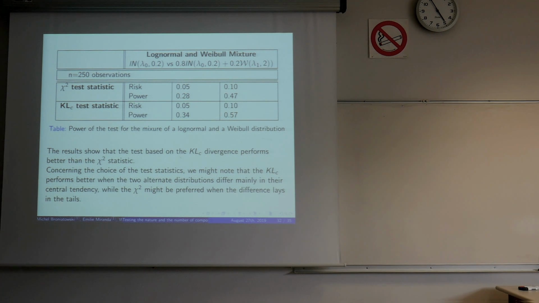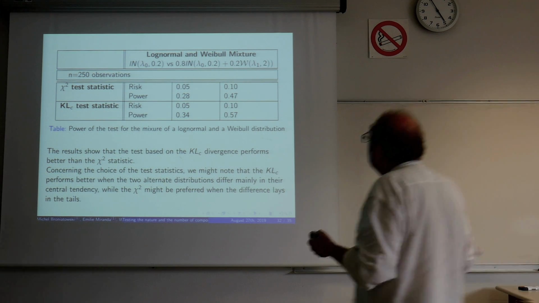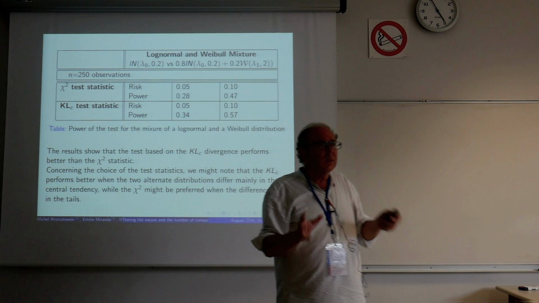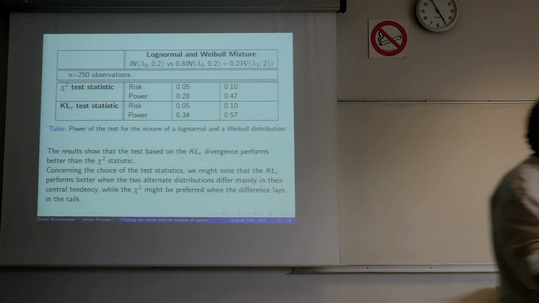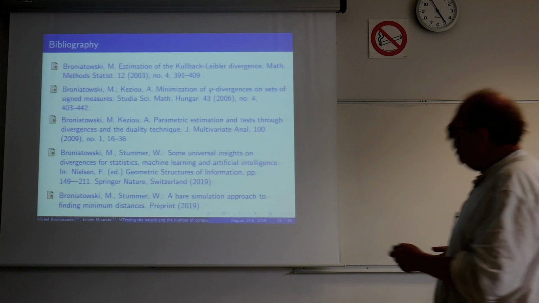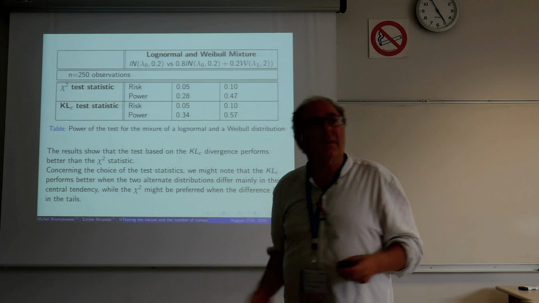Globally, it's something that seems to give at least reasonable performance. You may think that the power is rather low, but in those kinds of configurations where we estimate parameters and test, the power globally is low as such. Okay, so this is it. Thank you very much.